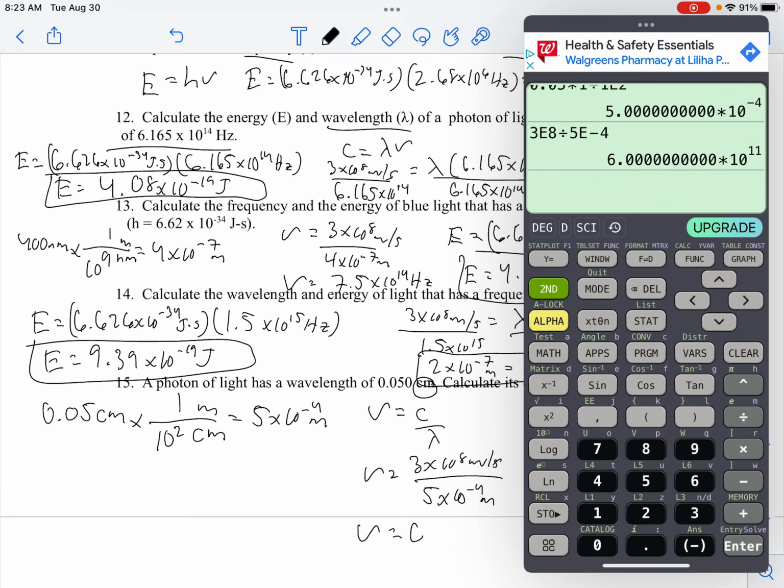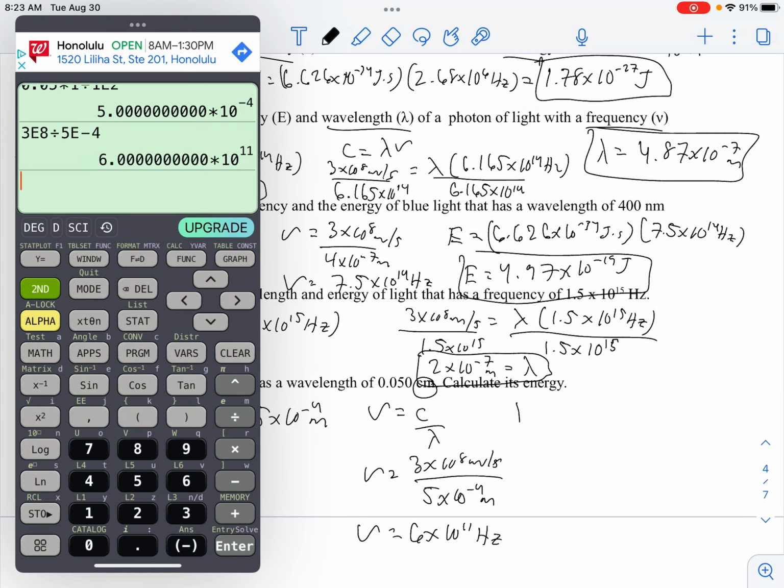Okay, so that's equal to 6 times 10 to the 11th hertz. And then lastly, energy is equal to 6.626 times 10 to the negative 34 multiplied by 6 times 10 to the 11th hertz.